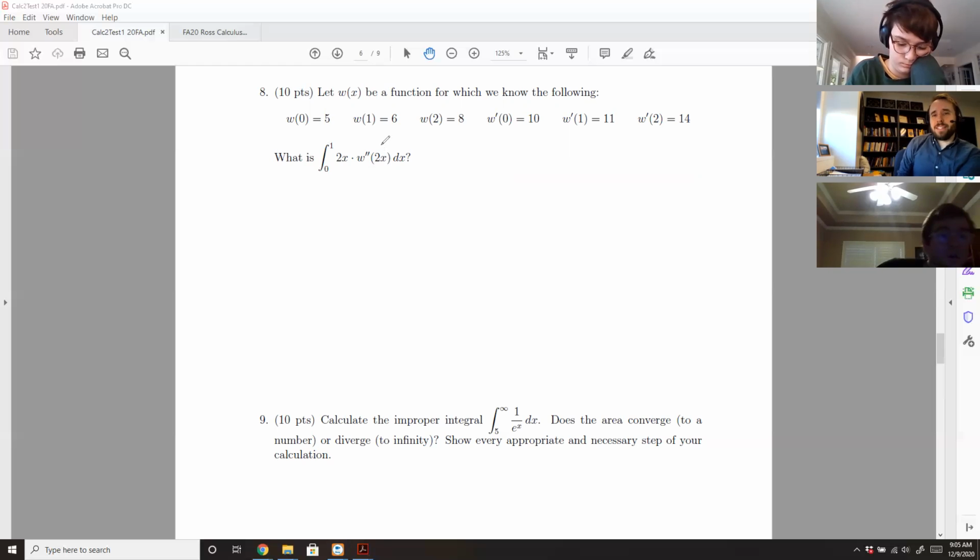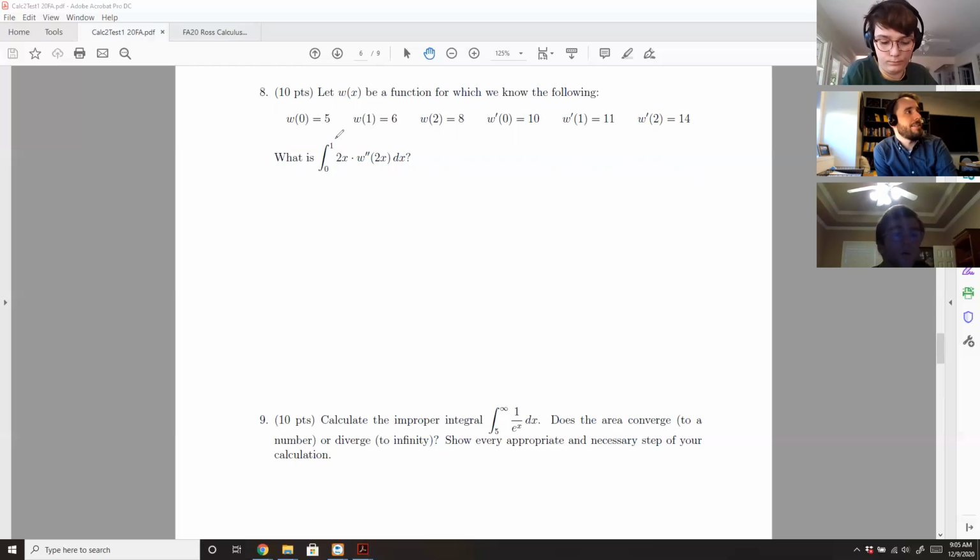So we had seen a problem like this before, though I think this was the most challenging of these kind of problems that we had seen to date. We're asked to compute a definite integral where w is a function in which we only know this list of stuff. So as far as a definite integral goes, the fundamental theorem of calculus says that a definite integral from a to b of some function will end up equaling the capital F of b minus capital F of a, where b and a are the two endpoints.